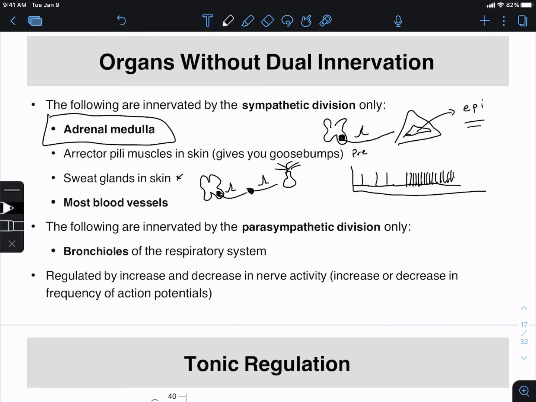And then whether we sweat a lot or a little is again going to be regulated by this, which is called our tonic control. For the parasympathetic nervous system, we see this in the bronchi of the respiratory system. Again, same idea: by changing the frequency of the action potentials on that single input of neurons, we get a different response.